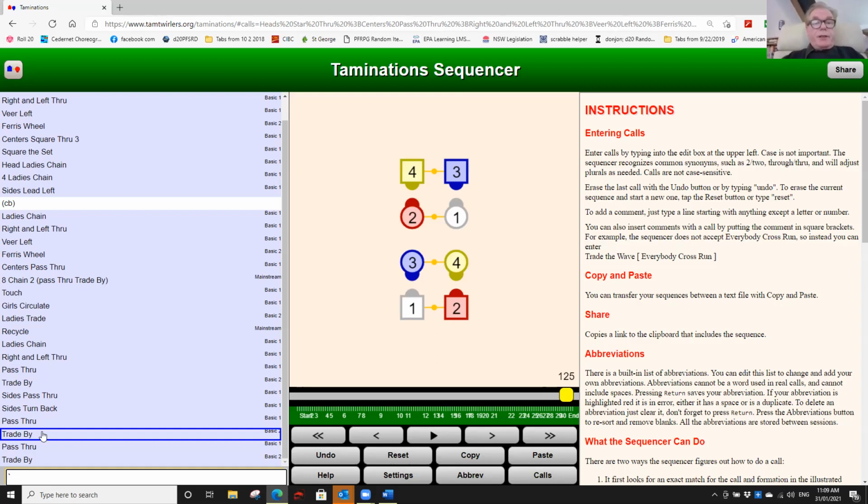And here the sequence was changed. You have the boys on the outside with the pass-through trade by. You have the boys on the inside. No, that's a change of arrangement. Ignore the fact that we changed where the boys and the girls are. Pass-through trade by is a ladies chain effect. So our phaser right here is going to flip the boys to the inside, girls to the outside.